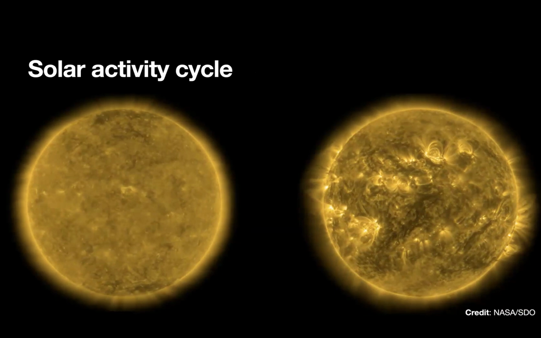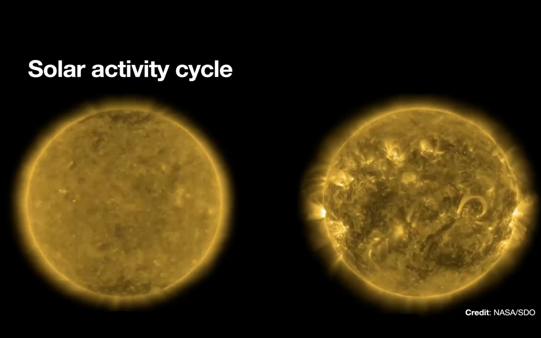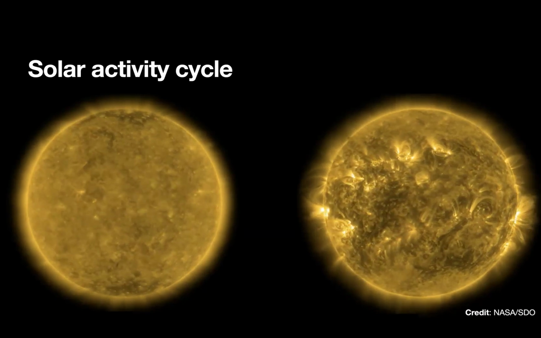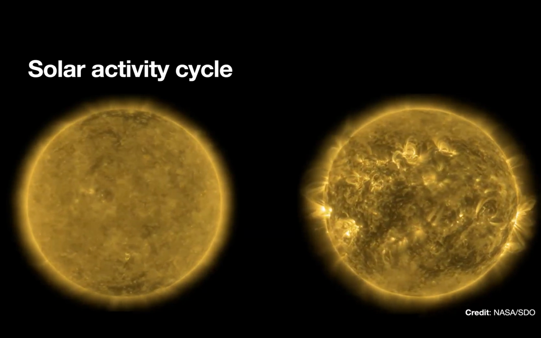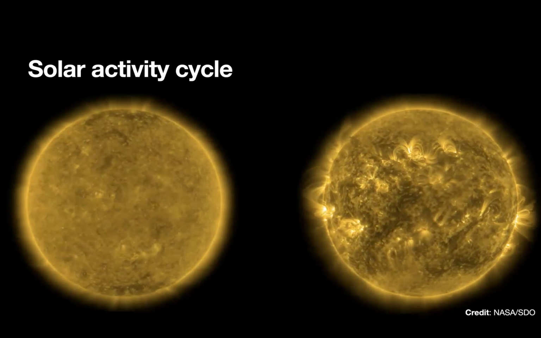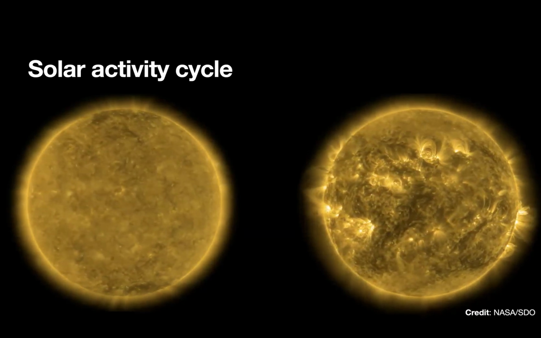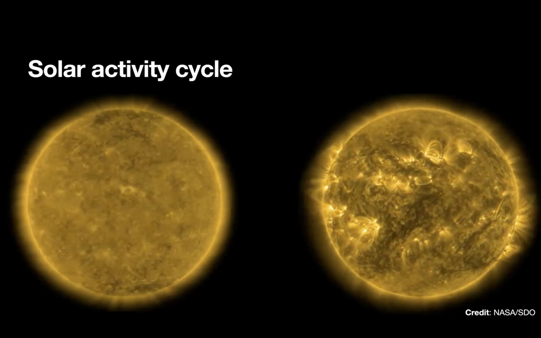So starting out at the right here, you have the sun at close to the solar minimum. You have the two poles very nicely opposed, one in the north, one in the south, and a very simple magnetic field, not that different from that of a simple bar magnet or a dipole. And you see very little structure at that point. You see very little solar activity, and that's why you call that period the solar minimum.